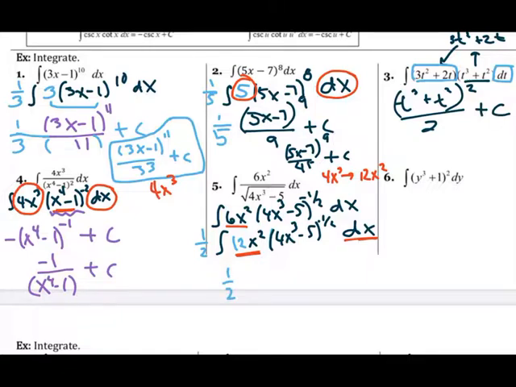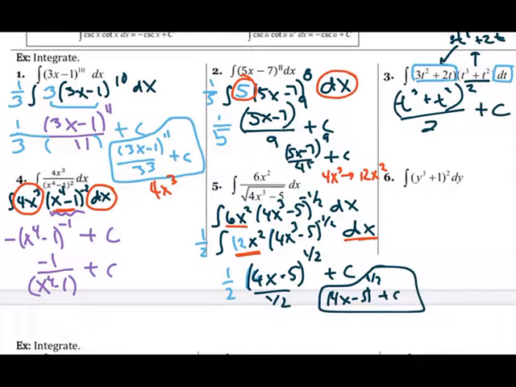I'm going to take 4x to the 3rd minus 5, and I'm going to add 1 to that exponent, which is going to make that positive 1/2. And I'm going to divide by that positive 1/2, which means that I'm going to divide by 1/2 or multiply by 2. So this is going to give me 4x to the 3rd minus 5 to the 1/2 power plus c.